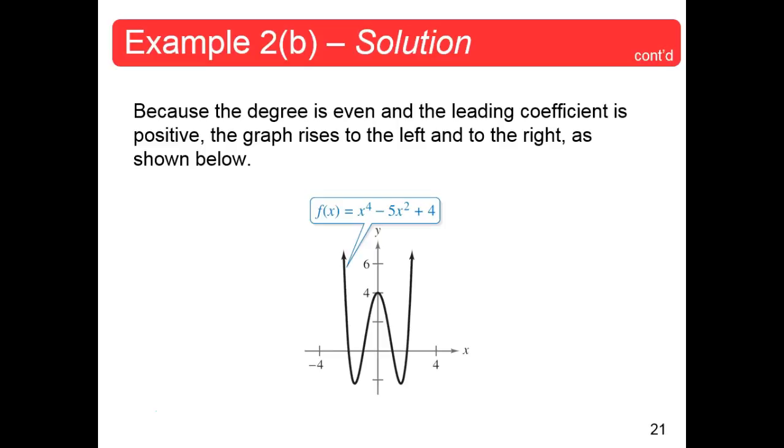Even, okay. So that means the even exponent means they're going in the same direction. A positive leading coefficient means it's going positive. So both of those are going positive. That's all you really needed to know for this problem. They graphed the whole thing, but that's what you got. It's only up and up.